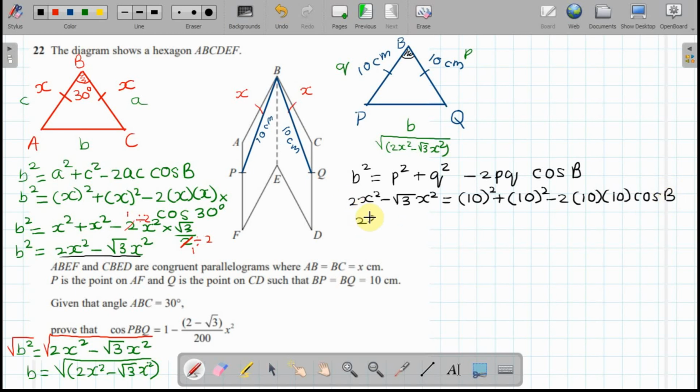So we have 2x squared minus root 3 x squared equals, these two are going to be 100 each. Then minus 2 times 10 times 10 is minus 200 cos b. These two will add to give you 200.